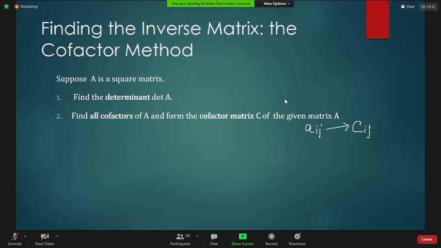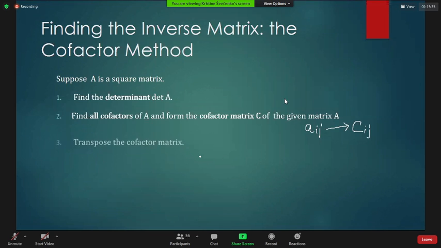That will be the cofactor matrix C, only by cofactors. So we replace existing elements by their cofactors. Remember that cofactors will be numbers in the end. So we replace numbers from the matrix by some other very specific and concrete numbers.